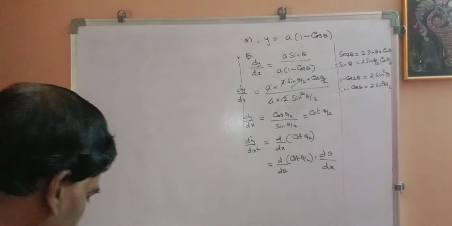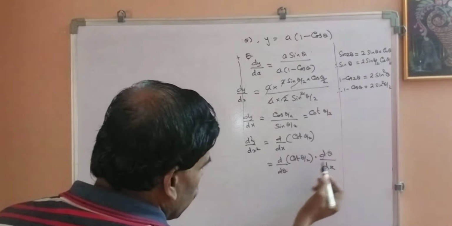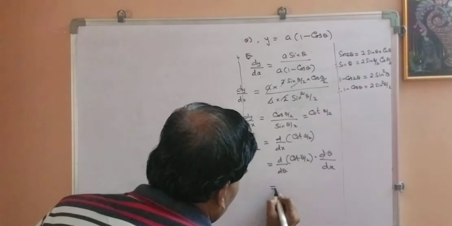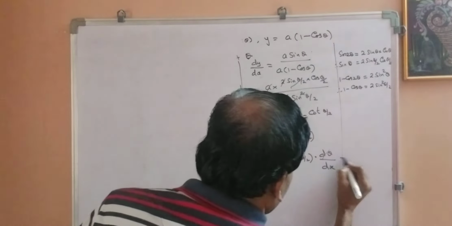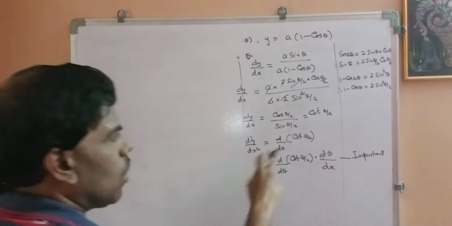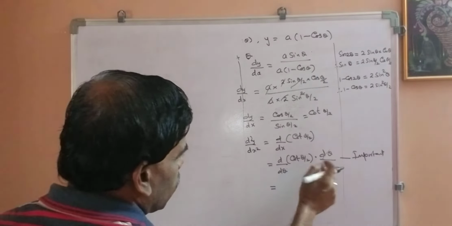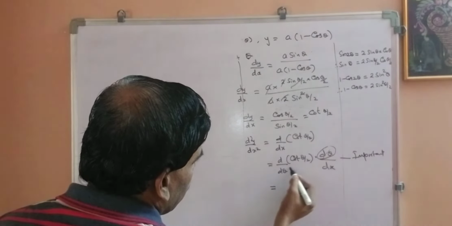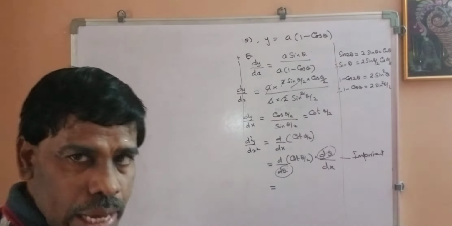Now, look at this. This d theta will get cancelled, no? So I am writing like this. What is the derivative of cot theta by 2? This step is very important. Why am I writing it this way? Because here it is a parametric function, theta is given, with x, y and theta. So here d by d theta of this, see these two we added. d by dx of cot theta by 2 should be there.